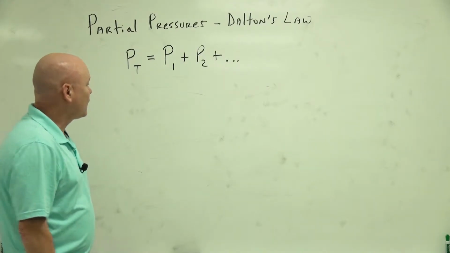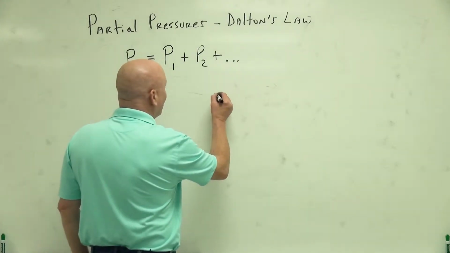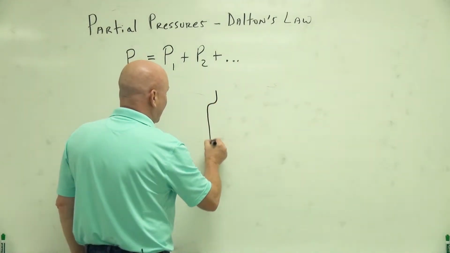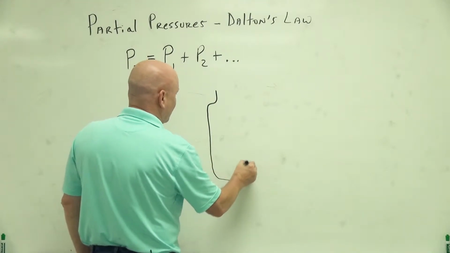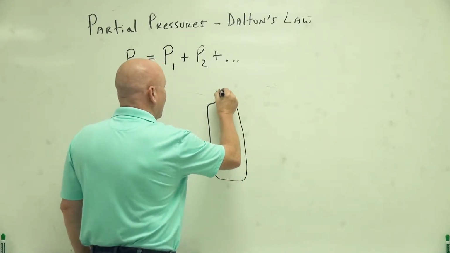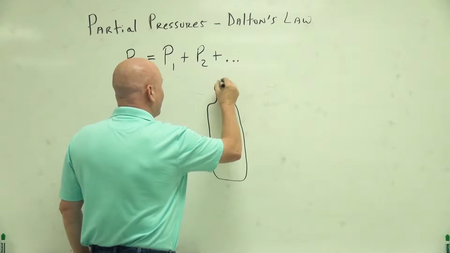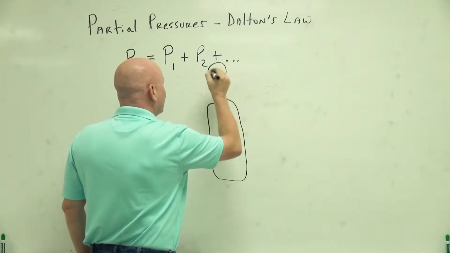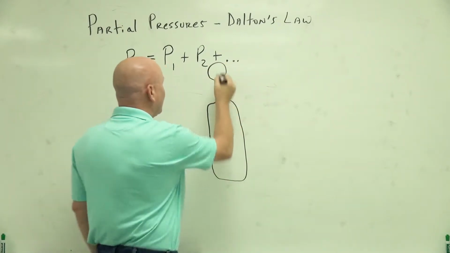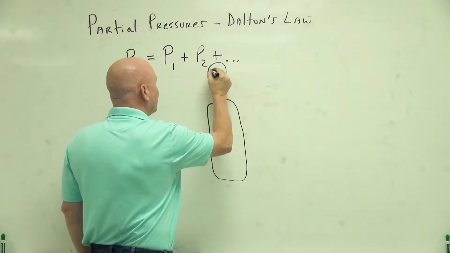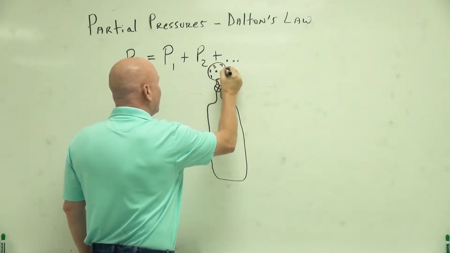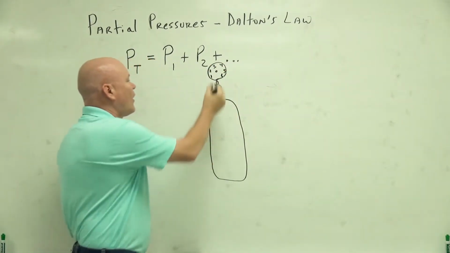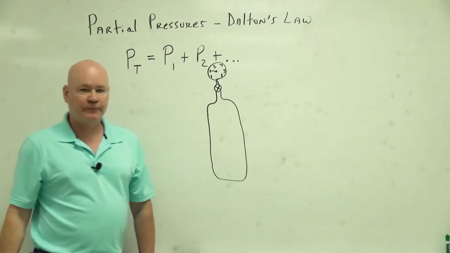Now, how does this look in reality? So if we take a look at a medical gas tank, I'm going to sketch one out here. And it has a valve and it has a pressure gauge on the top. And this pressure gauge is going to point to whatever the pressure is that's inside the tank.